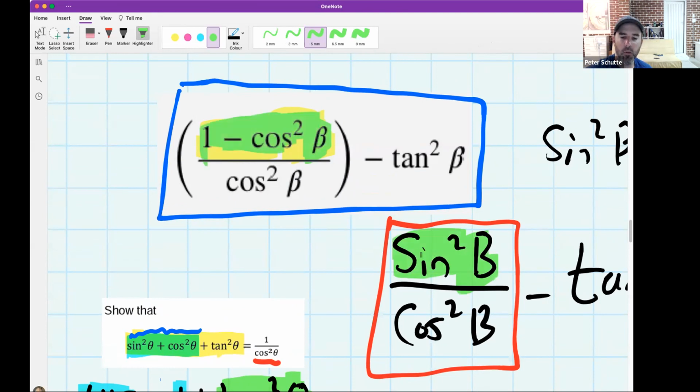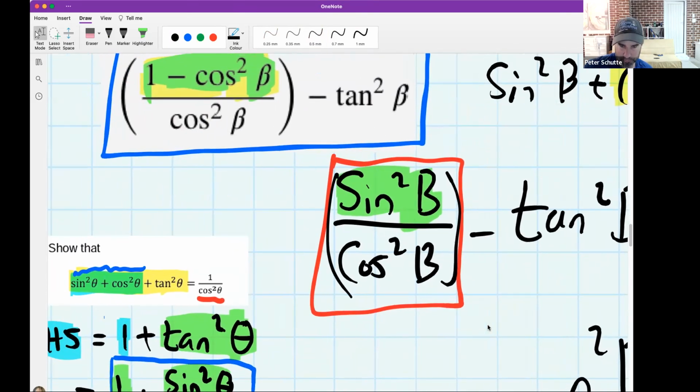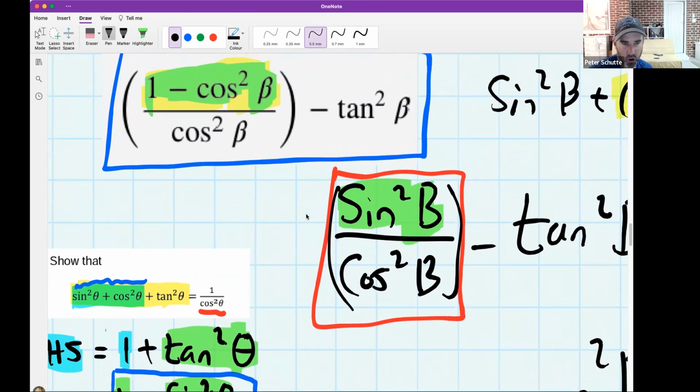Yes, sir. In place of this? Yes, okay, sir. So once I got to this stage, you're right, the brackets weren't there anymore, but they didn't really serve any purpose. So essentially what happened was sine squared b over cos squared b is tan squared b. And so the brackets don't really do anything because only the numerator has been simplified. The bit in green has been simplified.